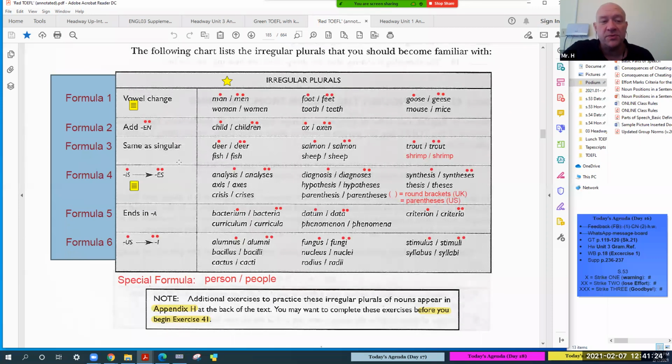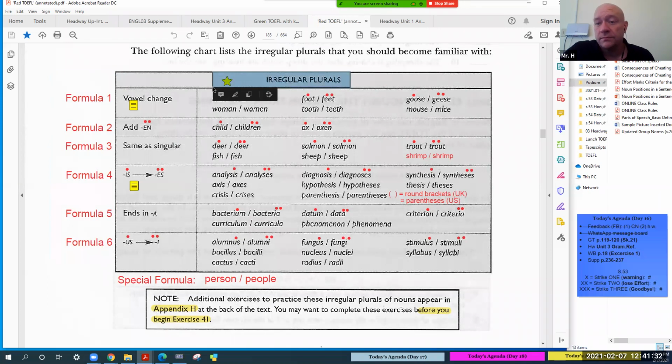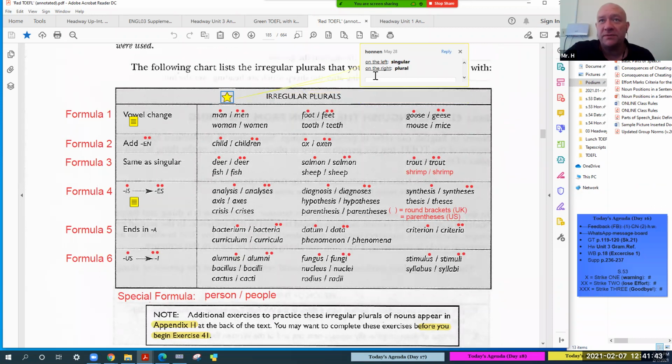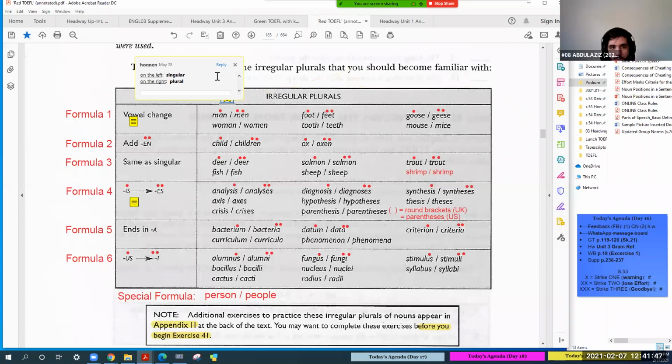Abdulaziz, you want to give us the first formula? Before you read that, what does it say at the top of the chart? Irregular plurals. Yeah, and notice I put a little message here. What does it say? On the left singular, on the right plural.